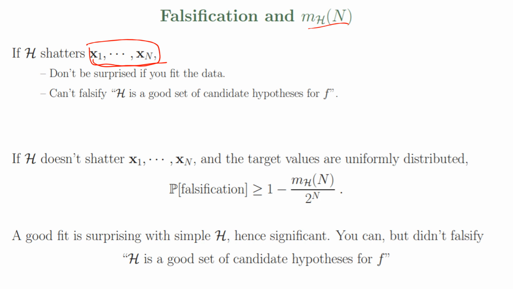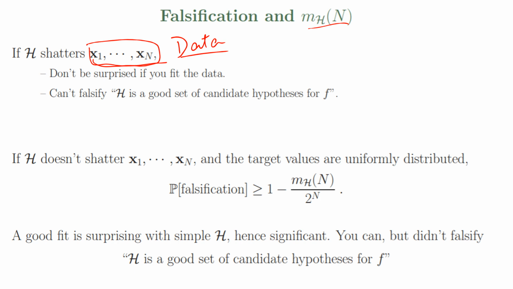So there will be very few simple hypotheses compared to the complex ones. The number of these simple hypotheses will be less than the complex ones because with complex hypotheses, you can get as complex as you would like them to go. And then there would be enough of them to shatter any given data set, like any random data set, right?